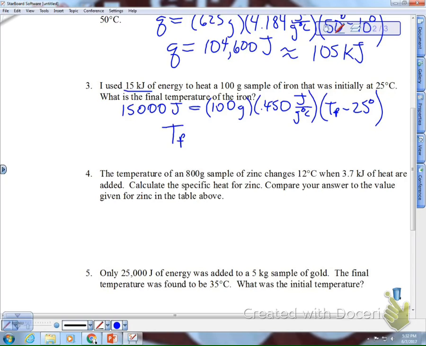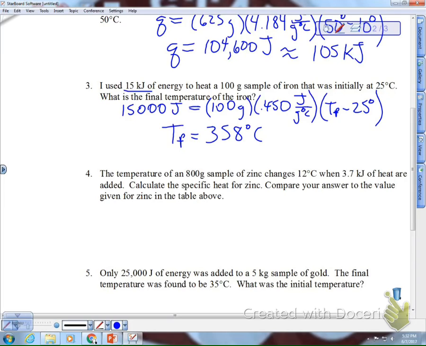Take the moment, do the algebra yourself, see if you can get it right. I got 358 degrees Celsius as the final temperature. If you round it to 1 sig fig, it goes up to 400, and that's just awful. So I'm just going to leave it as 358, even though that is not the correct number of sig figs here.